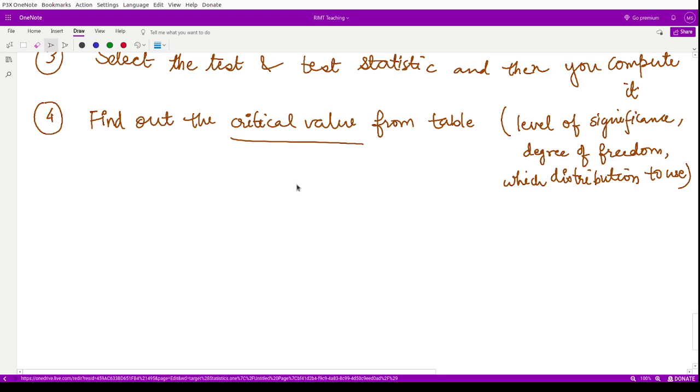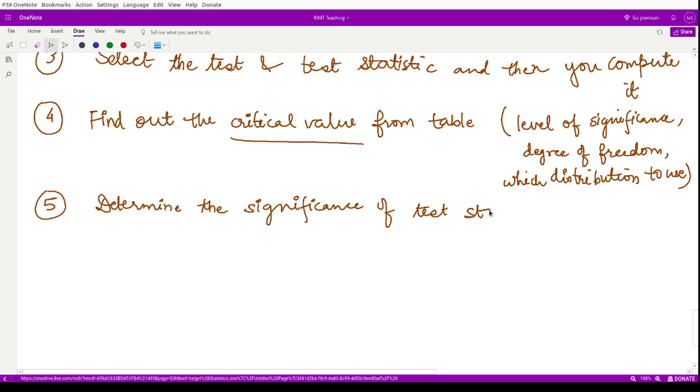Then you determine the significance of test statistics. So that means you calculate the test statistics. So here you compare the results.